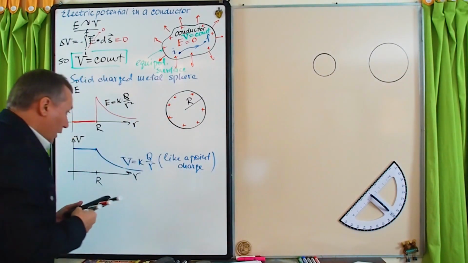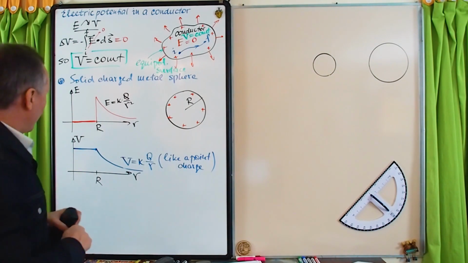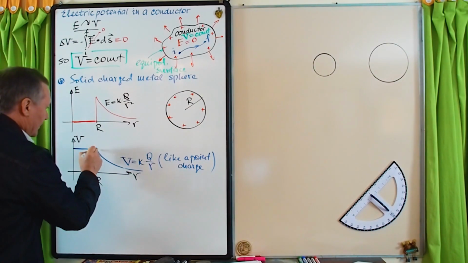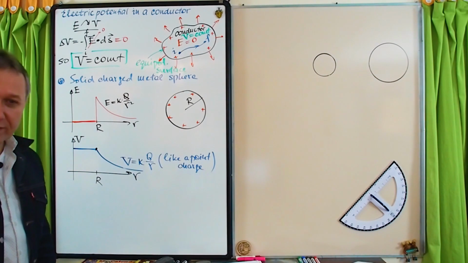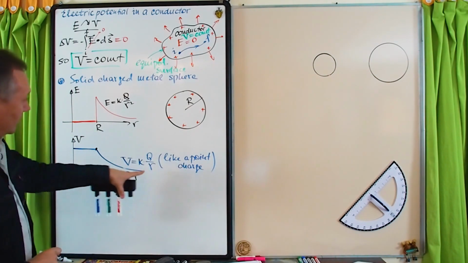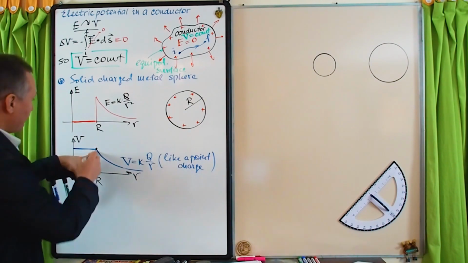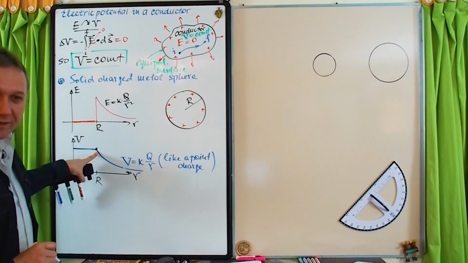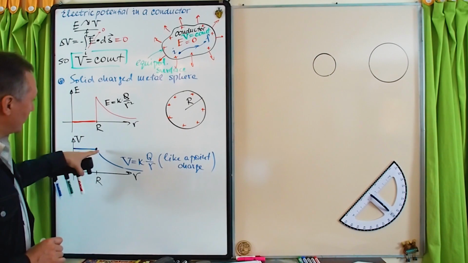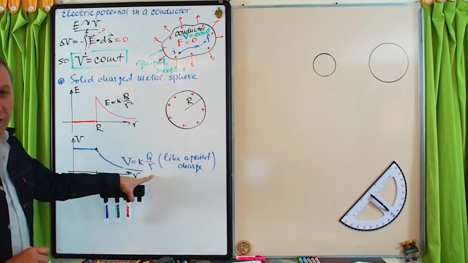Now also, what will be this constant? Can we write the expression for this constant? Since this curve and this curve intersect over here, of course this constant is kQ over R capital.